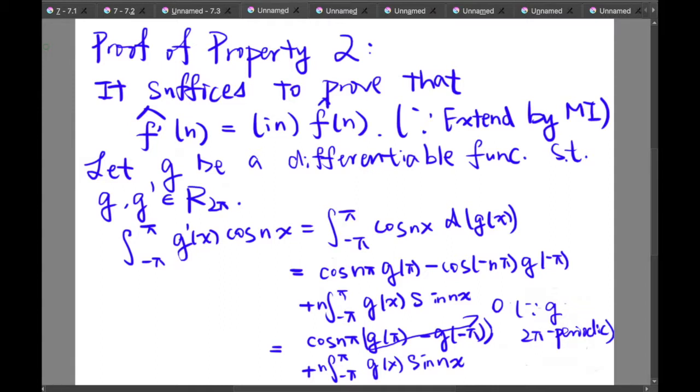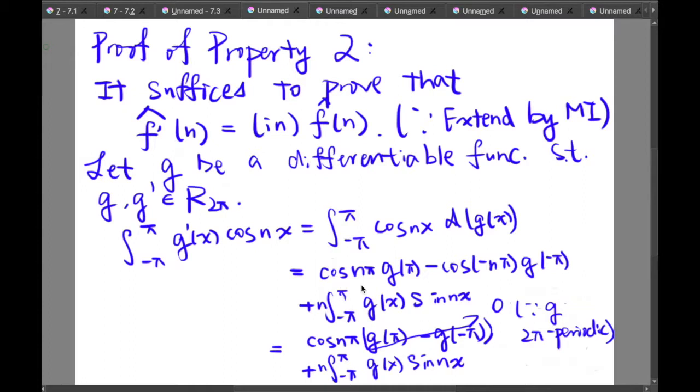We compute the integral from negative pi to pi of g prime x times cosine nx, which is equal to the integral of cosine nx dgx. Using integration by parts, it is equal to cosine n pi g pi minus cosine n pi g negative pi plus n times the integral from negative pi to pi of gx sine nx.